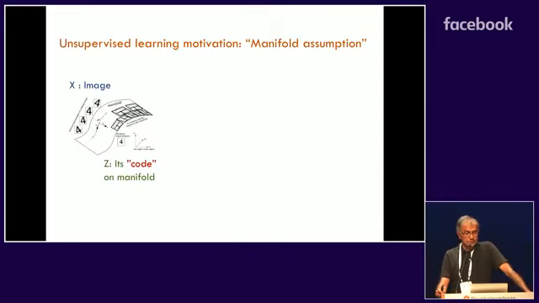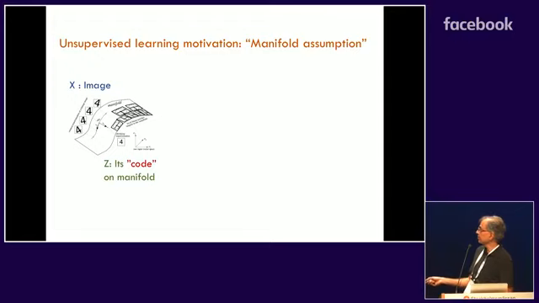So this is in the realm of unsupervised learning. So we're changing tacks a little bit. And remember that unsupervised learning is sometimes also called representation learning, although the two are not the same. The underlying motivation is something called the manifold assumption, that the data has some underlying simple structure called the manifold, so the image has some simple description on this manifold.